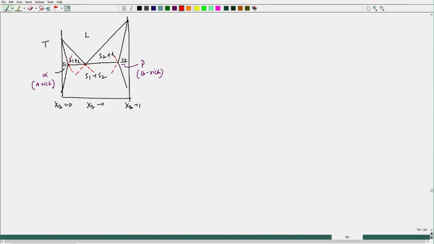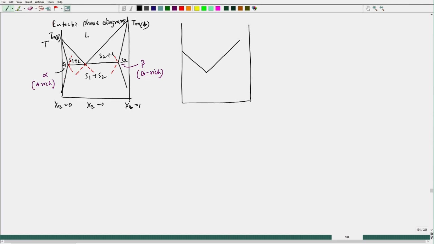Now, this is the eutectic phase diagram. Now, of course, these 2 points are TM B and this is TMA. Now, if I look at eutectoid, the pattern would be similar, but liquid would be replaced by another solid.